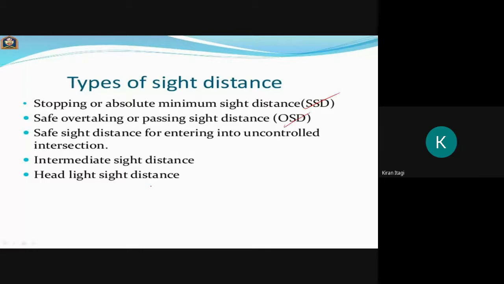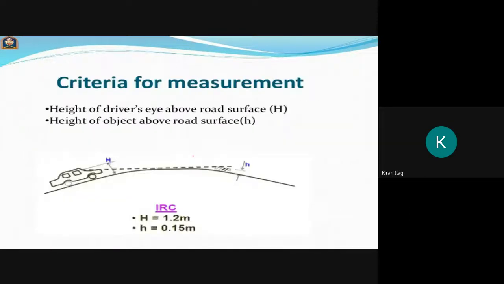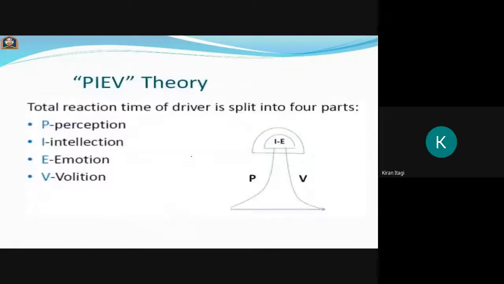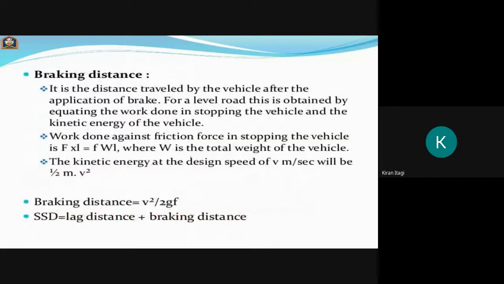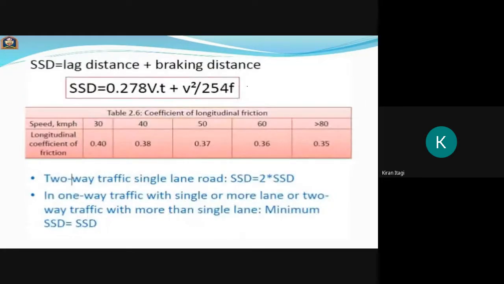Stopping sight distance, overtaking sight distance, and intermediate sight distance are the three more important ones. For stopping sight distance, this formula is most important. This formula is in terms of kilometer per hour, and we also have it in terms of meter per second.